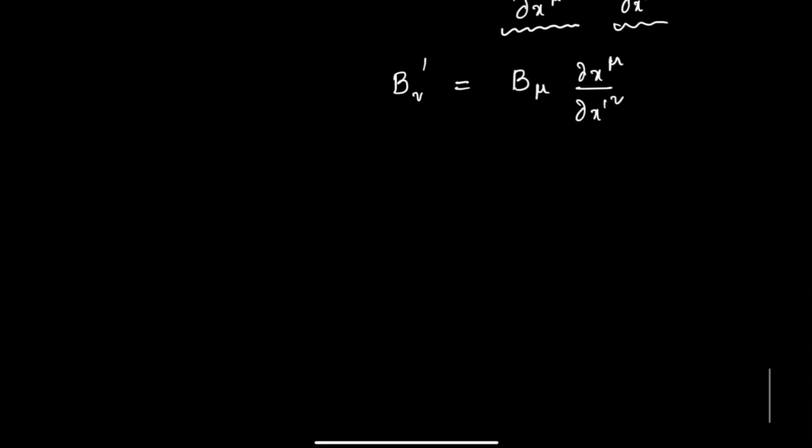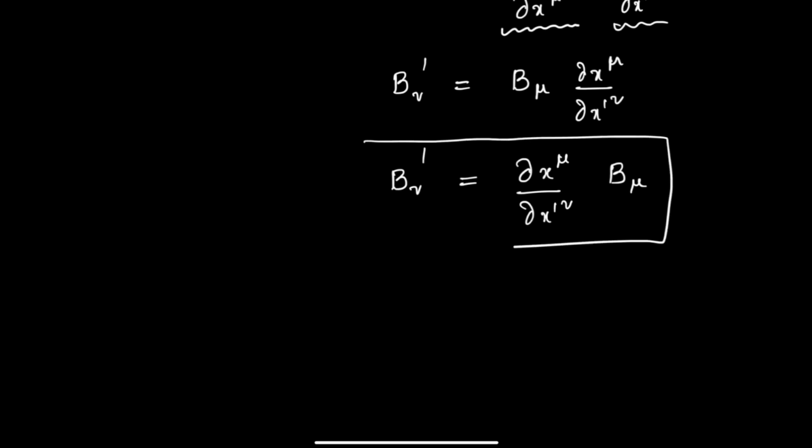So we can see that the normal in the new coordinate system is equal to the partial derivative of x mu with respect to x prime nu times the normal in the old coordinate system, right? So here you can see the primed quantity is sitting in the denominator, and here nu is also in the denominator.